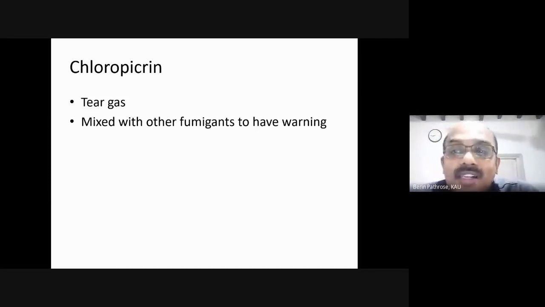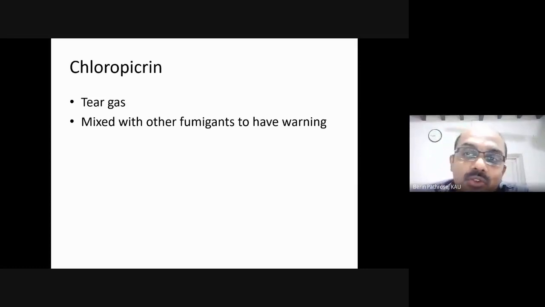But it's normally mixed with methyl bromide. Methyl bromide doesn't have any warning odor. So what we normally do is mix methyl bromide with chloropicrine to impart a warning sensation. It's not an odor, it's a warning sensation. Any commercially available methyl bromide contains chloropicrine.